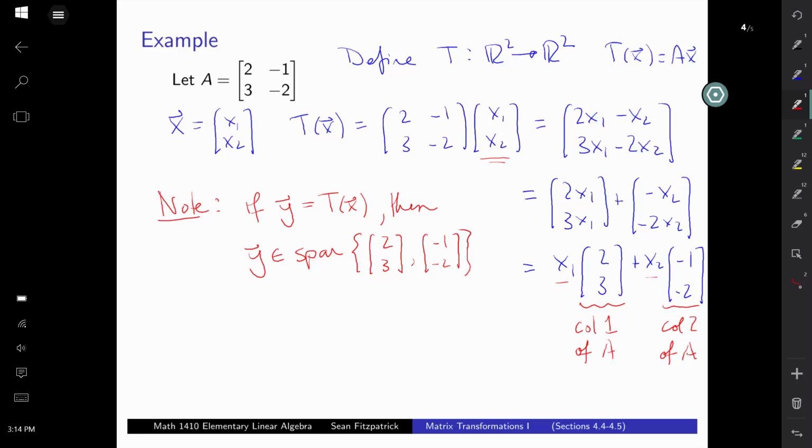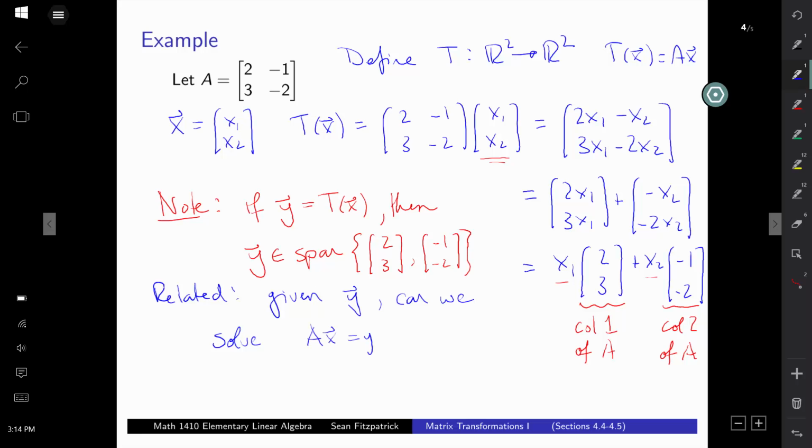This will be relevant because one of the related questions you might have to answer if you're dealing with a function like this is, if I give you y, can you solve the equation A times x equals y?